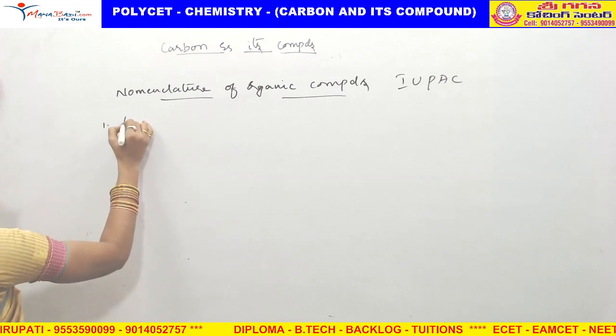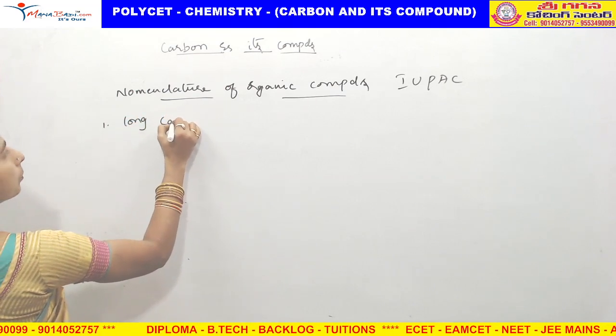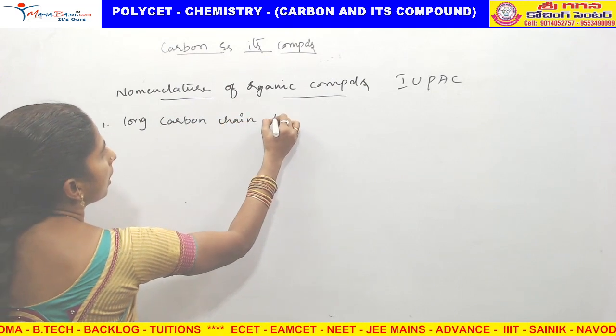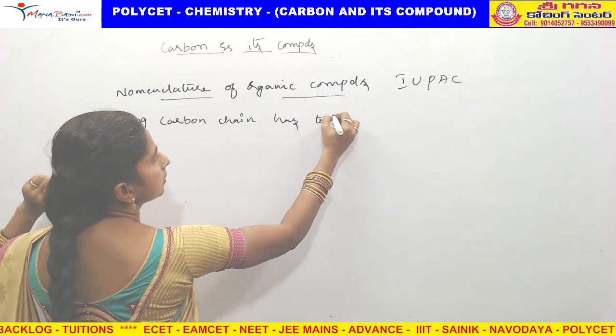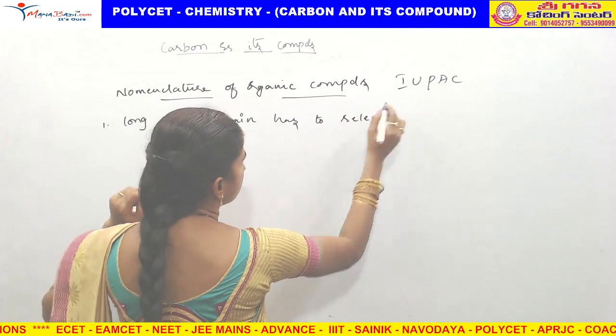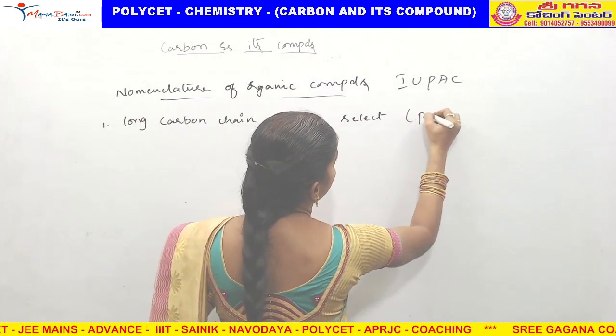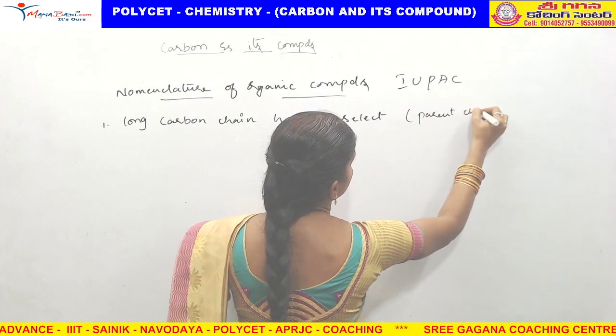First, a long carbon chain has to be selected. That is the first rule, which is called the parent chain.